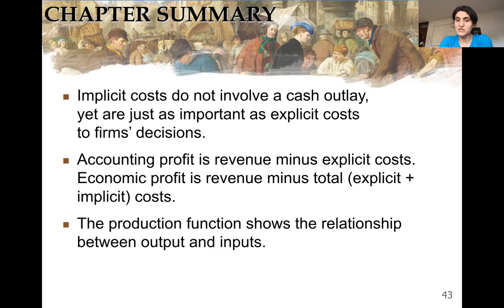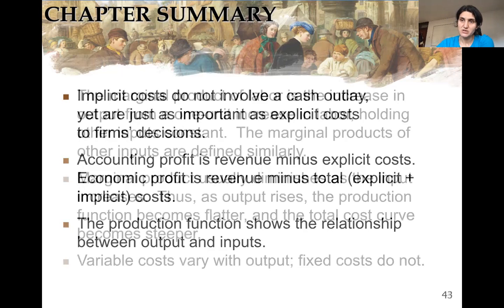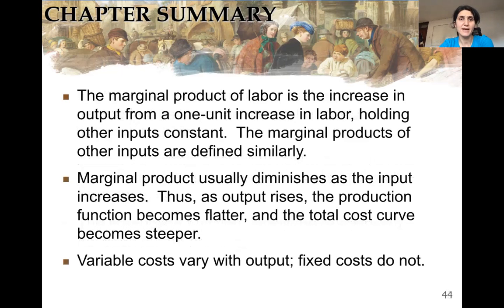The production function shows the relationship between output and inputs. And the marginal product of labor is the increase in output from a 1 unit increase in labor, holding other things constant. The marginal products of other inputs are defined similarly.